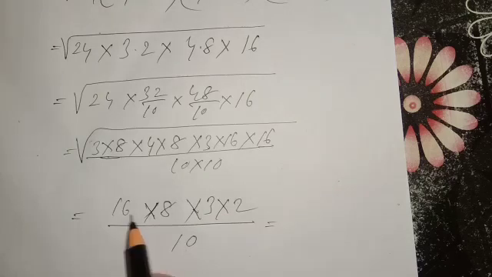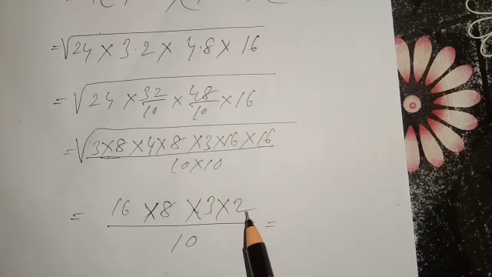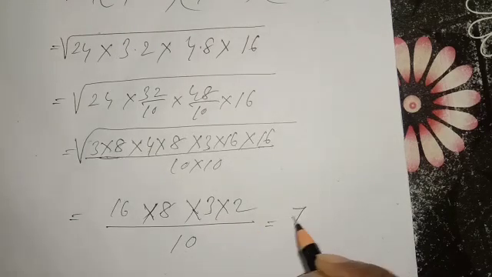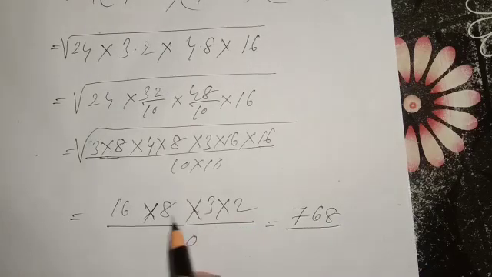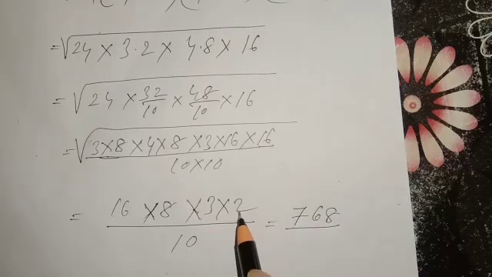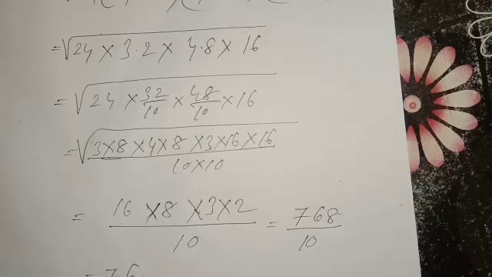Just multiply. 8 threes are 24, 24 twos are 48, 16 into 48 comes 768 by 10. Now it is coming 76.8 meter square.